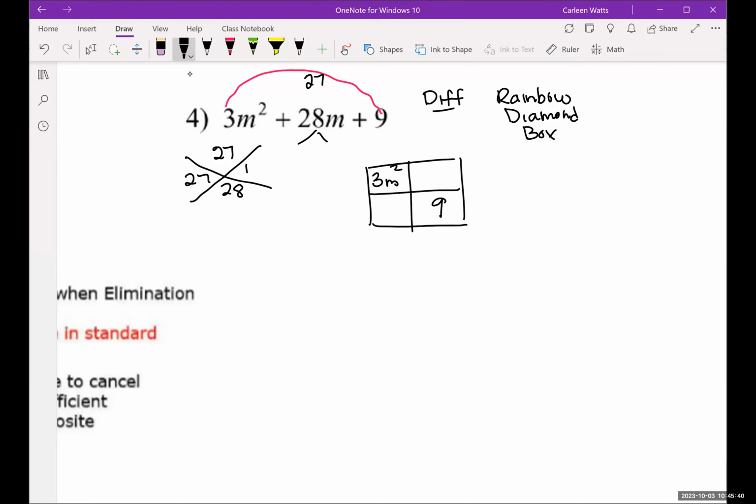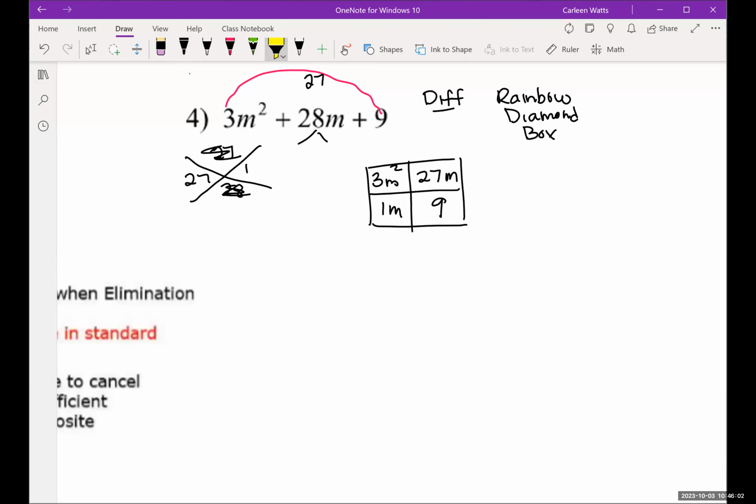My 28m is going to split into, do we see it? 27m and 1m. I got that from the diamond. The diamond told me how to split my middle term.